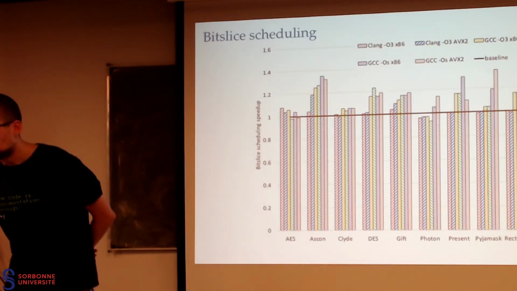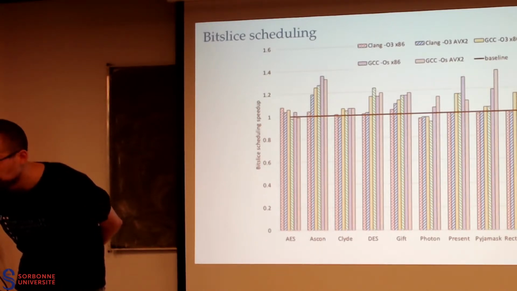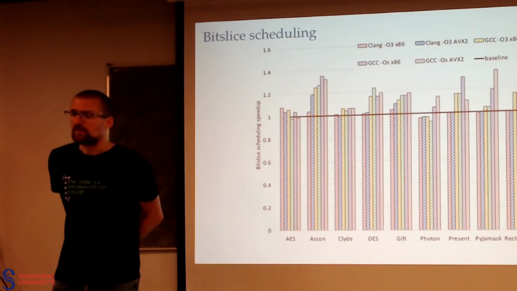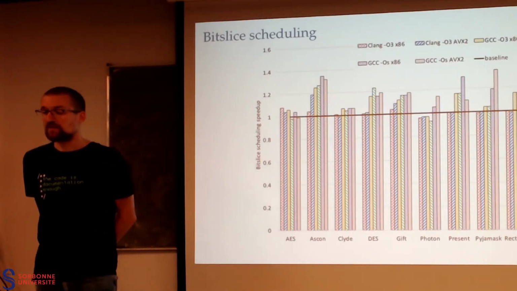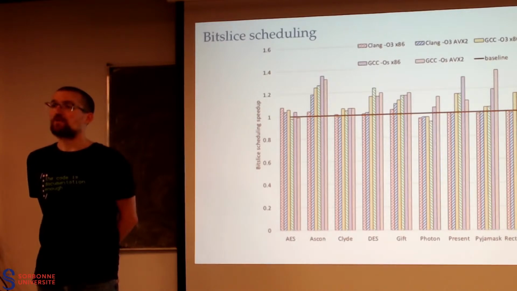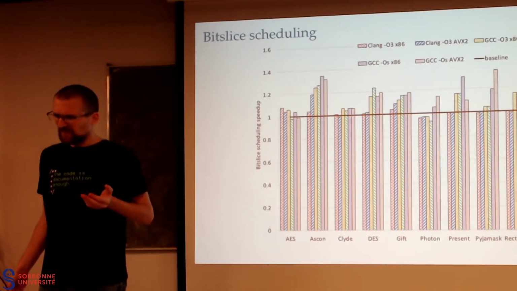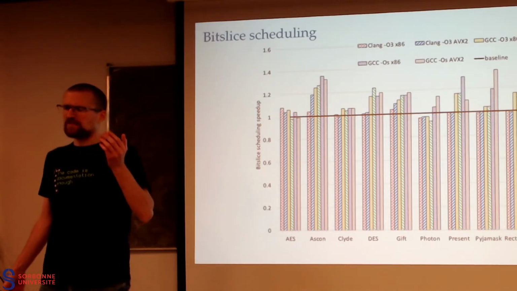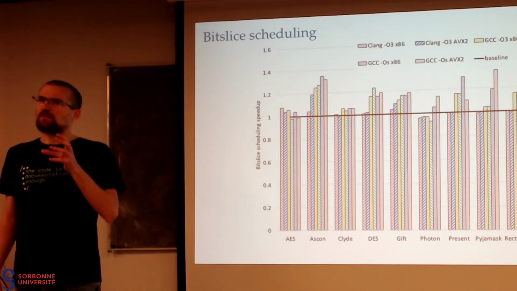However, if you compile for some other instruction set or with other compilers, it's crucial to the performance. And understanding why from one compiler to the other the optimization is not efficient is a bit complicated. It's especially important because some ciphers are only efficient with a given compiler.